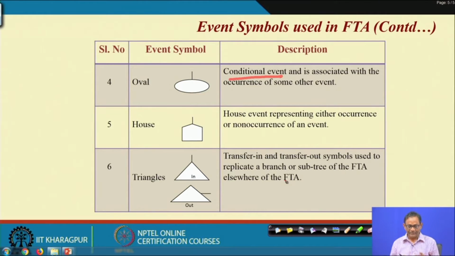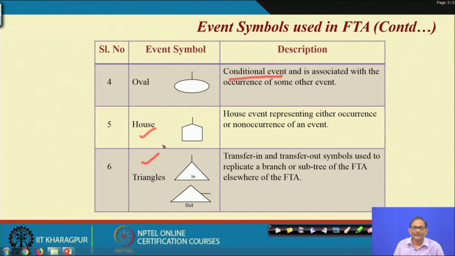So, if you develop a fault tree for a particular subsystem, you should not need to develop it again in the other part. You just put the out symbol in the first case and at the other place you write in, and that will reduce the size of the tree. So, these two are very special symbols.